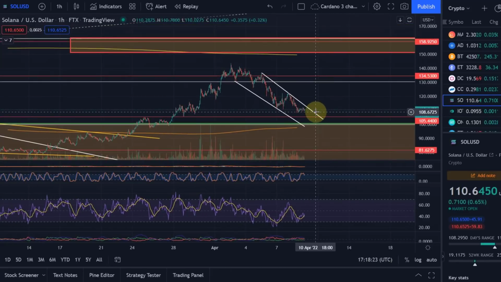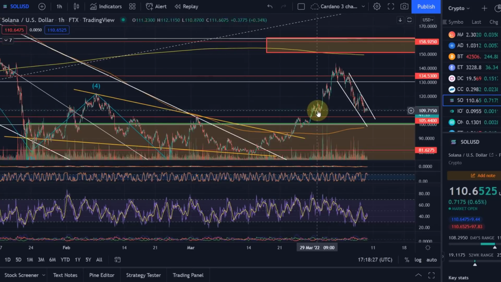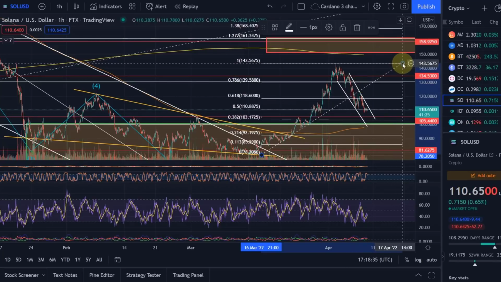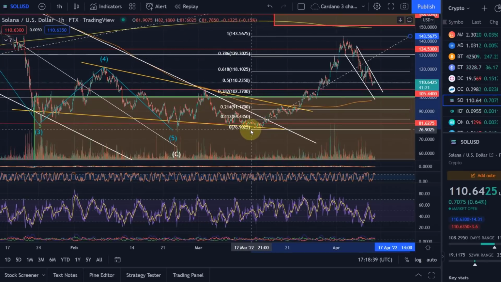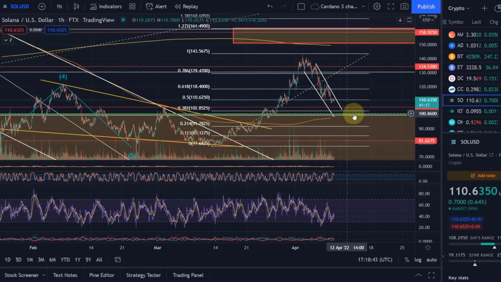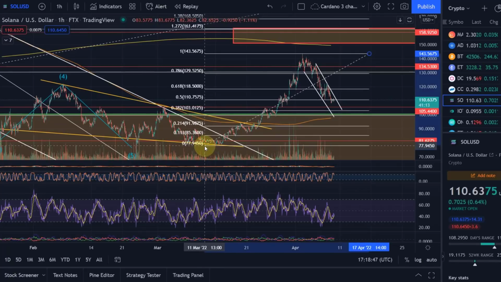At the moment, yes, we are finding support, and it's pretty much at the level that I gave you, the 50% Fibonacci retracement level. When I draw the Fibonacci levels here, you can see the 50% Fib level is where we currently are finding support. Pretty much here at 110 US dollars.